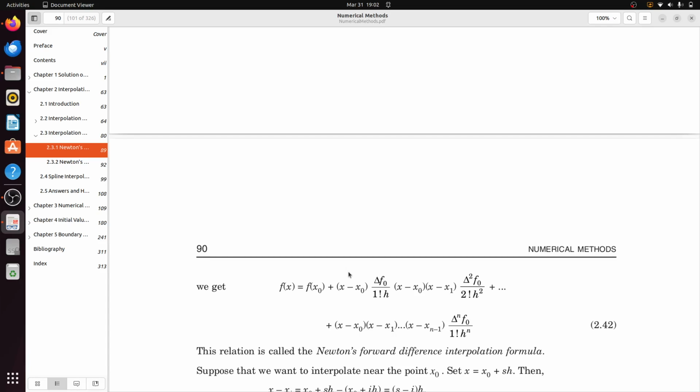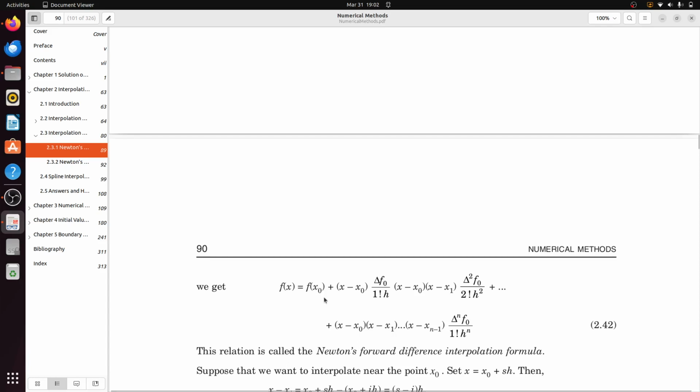Equispaced data means that the distance between consecutive x terms is the same for all the data points. This is our Newton's forward difference interpolation formula.